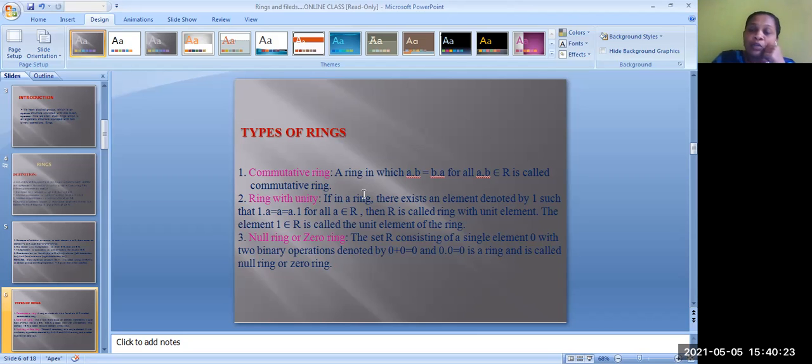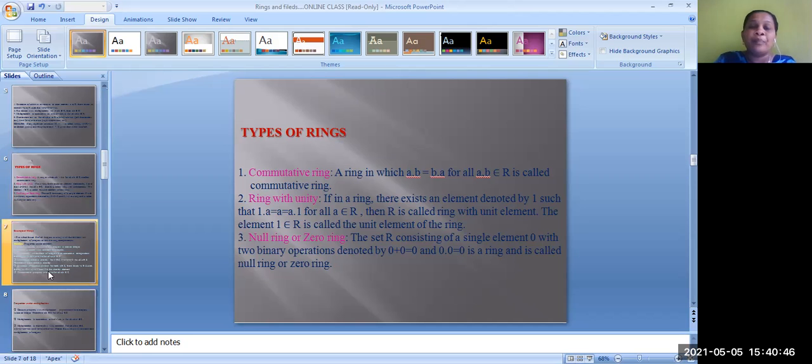See here, by using these two properties, we are adding zeros and multiplying zeros. After adding zeros, finally we get 0 only. After multiplying two zeros, we get 0 only. That is nothing but the zero ring or null ring. So these are the types of rings.